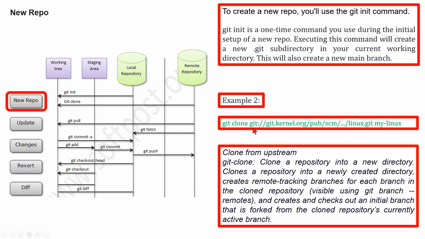It creates remote tracking branches for each branch in the cloned repository, visible using git branch --remotes, and creates and checks out an initial branch that is forked from the cloned repository's currently active branch.